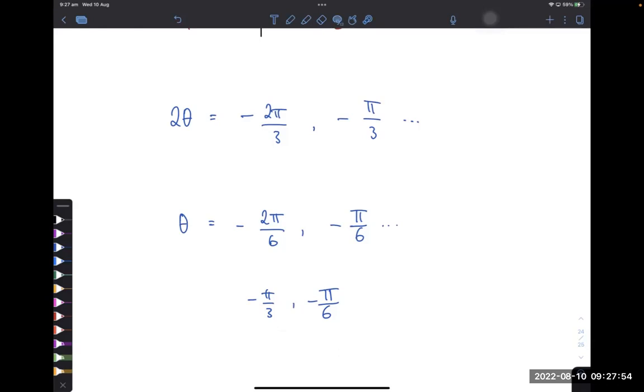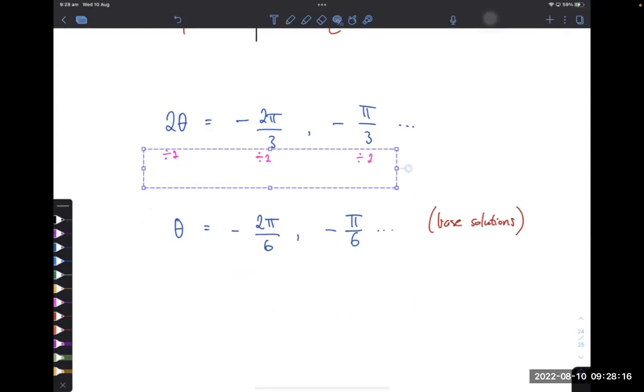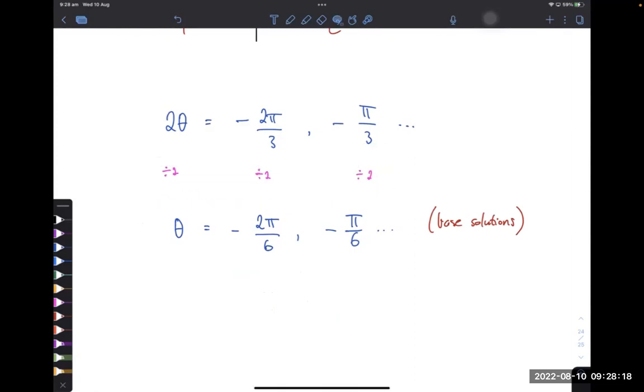Okay? So now we've got theta by itself. These are our two base solutions. I divided both sides by 2, because we wanted theta as our final solution, yes?